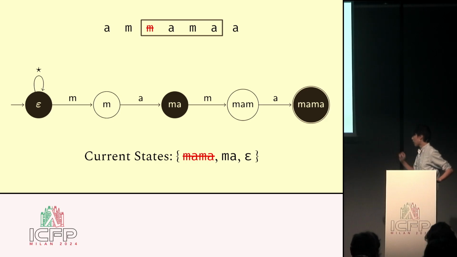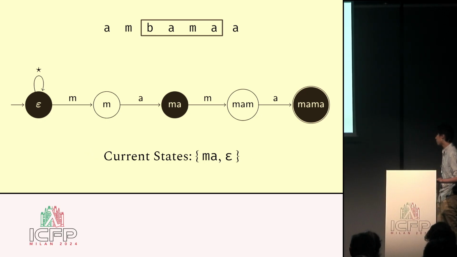What that will do is remove the longest candidate from this set of states. So concretely, imagine this was B. Then we would end up with this smaller set of candidates. And because we've only changed the first character of the match of the pattern, we're only going to remove that longest candidate.